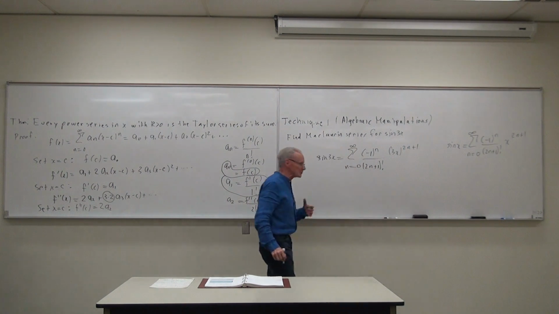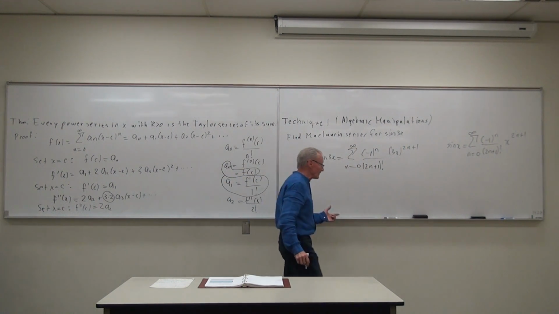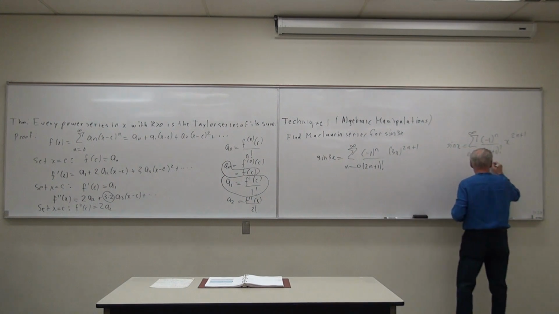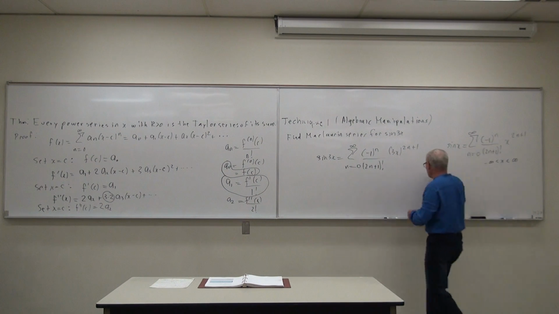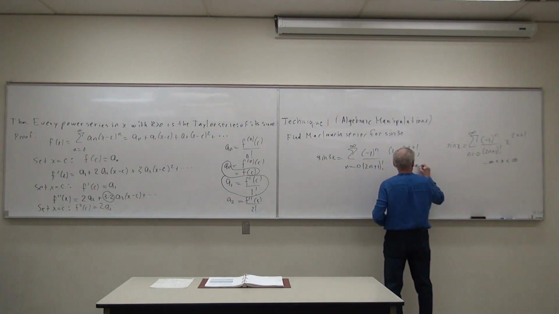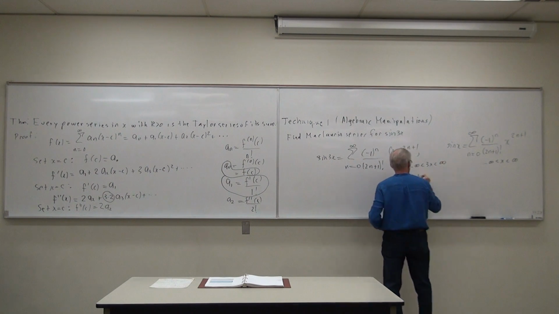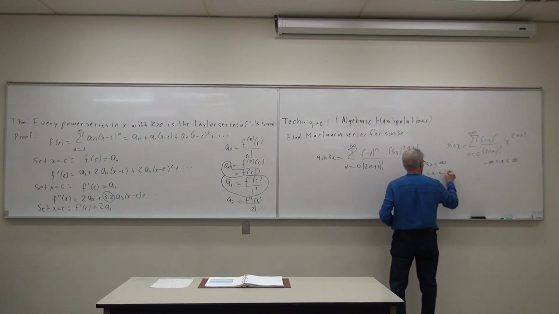That must be true, because again, this x can be anything I want, provided x is between minus infinity and infinity. Well, it says anything. So this is going to be true for minus infinity less than 3x less than infinity. But that's the same thing as minus infinity less than x less than infinity.